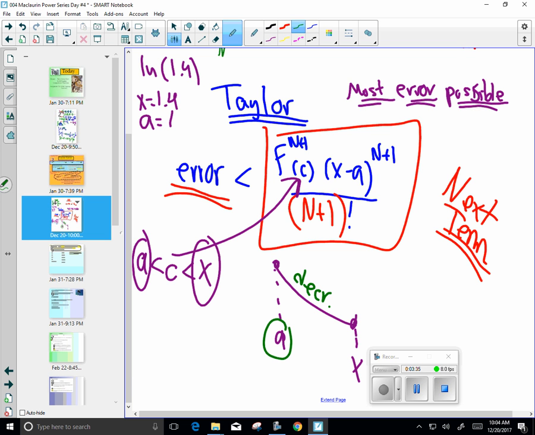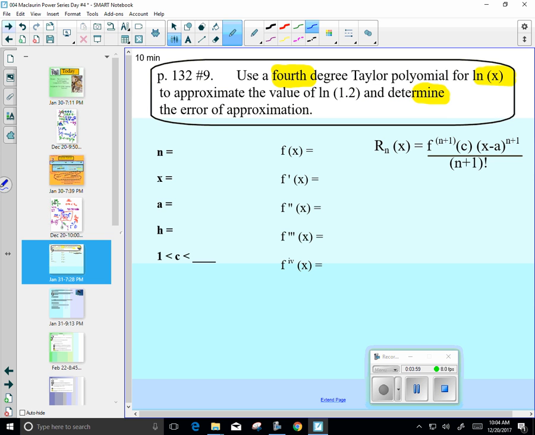Which is going to be bigger, a or x now? Yeah. So if it's increasing, x is going to be bigger. So all you have to do is try a, try x, and whichever gives you the most is going to be your Lagrange error. Nasty, but we're going to just try it here.